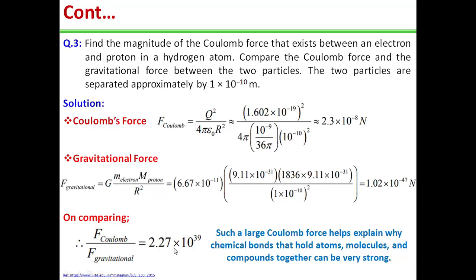So this concludes that such a large Coulomb force helps explain why the chemical bonds that hold atoms, molecules and compounds together can be very strong, whereas the gravitational force is very small compared to the Coulomb force. That is why molecules, atoms and compounds are strongly bound to each other in any material.